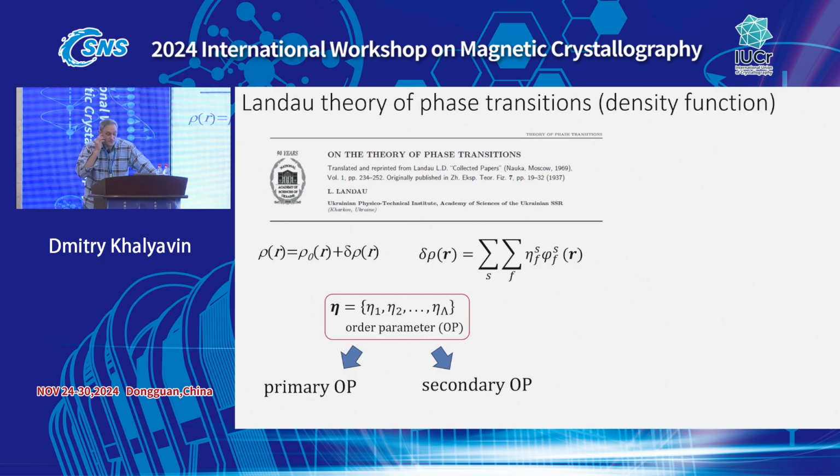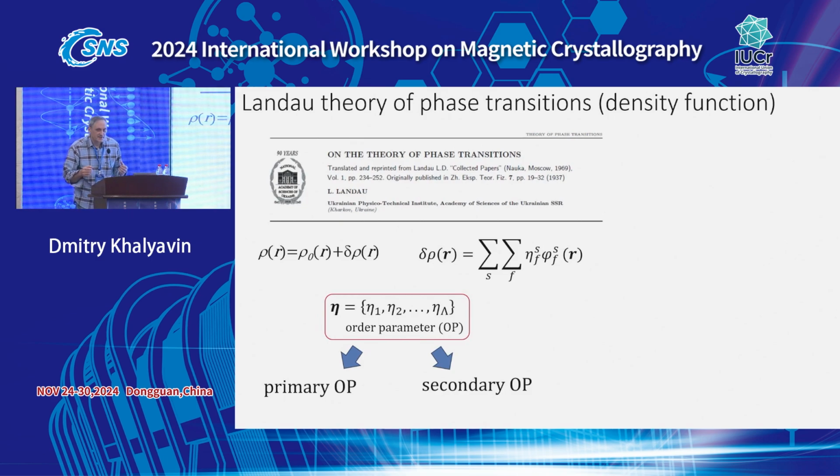And by the way, this condition of a single irreducible representation for continuous phase transitions in the framework of Landau theory applies to the primary order parameter. The primary order parameter has to be irreducible. But on top of that, the general decomposition of the density function can contain some other distortions. They're called secondary order parameters. They're simply allowed to be there.